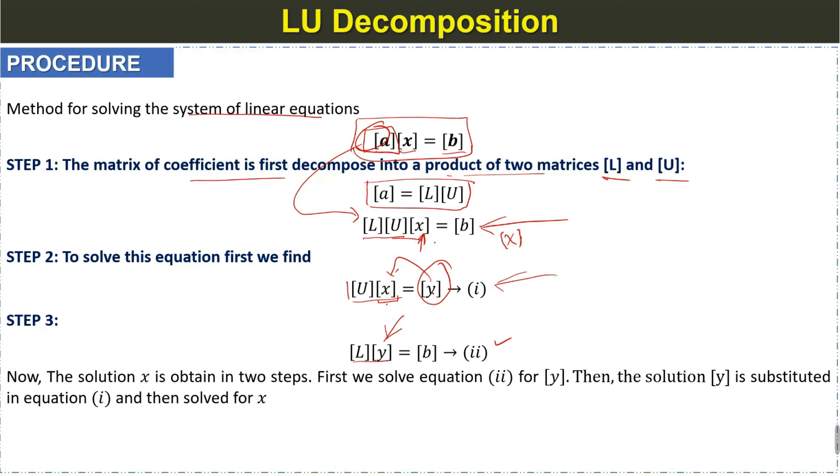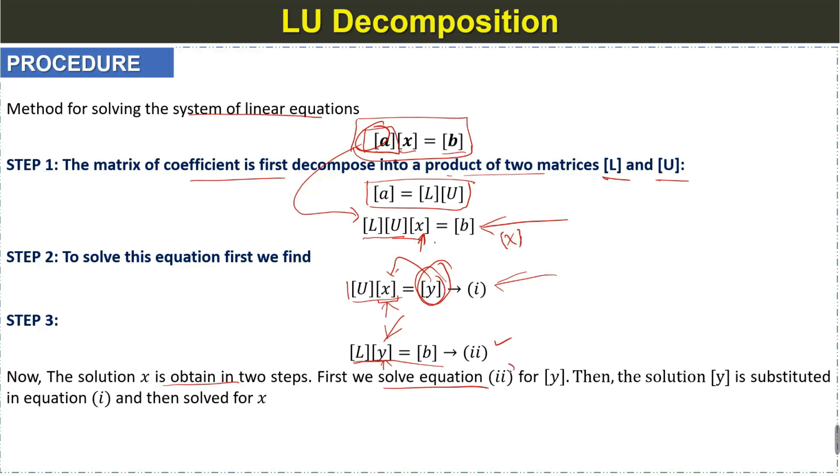To solve this, first we have to find the values of the matrix y. So first we solve this equation, and after getting the values of the matrix y, we put them into equation 1, and then we will find the values of the unknown matrix x. Okay, so now the solution x is obtained in two steps.